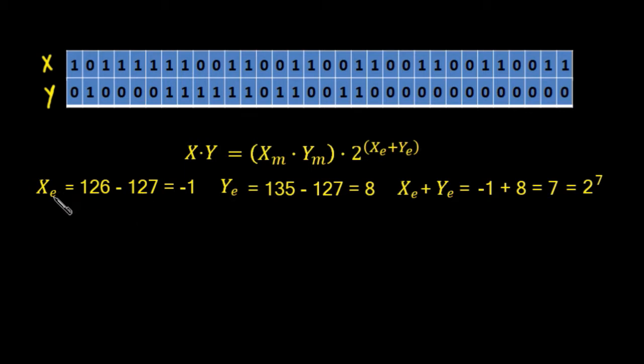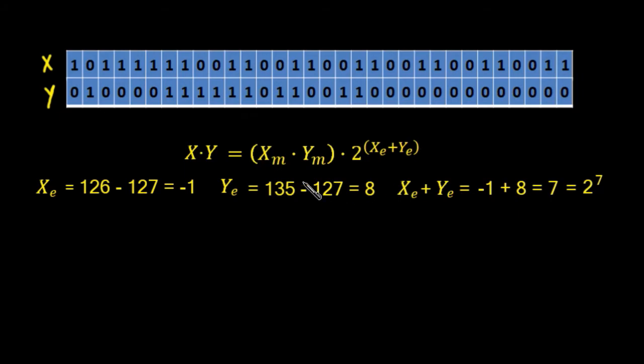So the exponent for x is going to be minus 1. Now we do the same for the y, and the y is going to give us 135. And we take away the 127, it'll give us a value of 8. So the exponent for x plus the exponent for y is minus 1 plus 8, so that's going to be a value of 7. So the final value for the exponent is going to be 2 to the power of 7. So that's relatively straightforward.